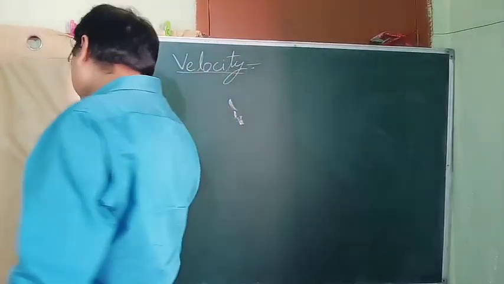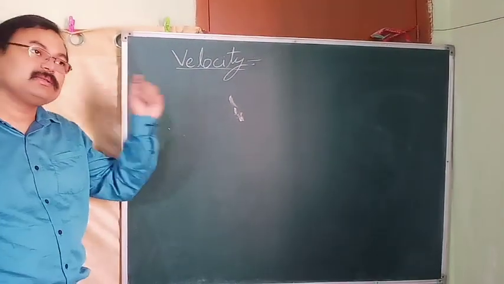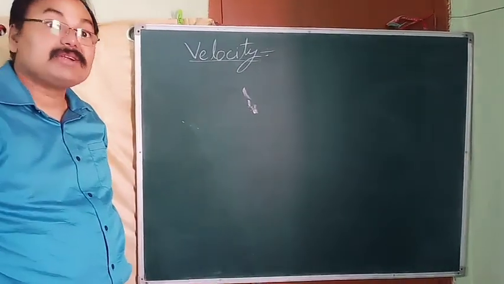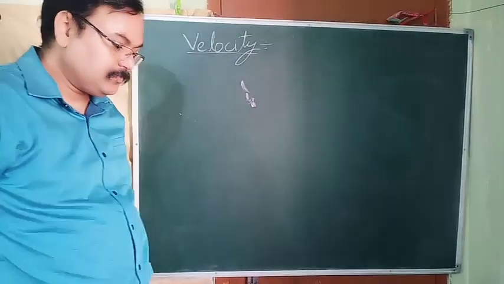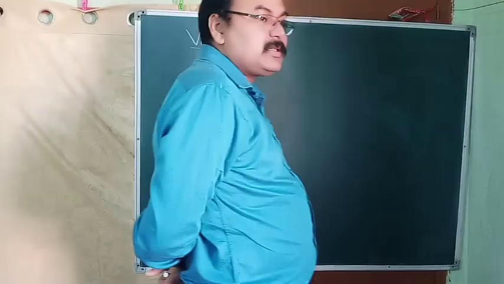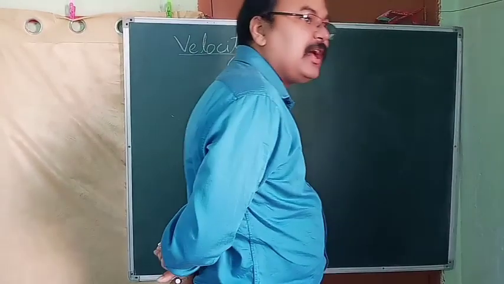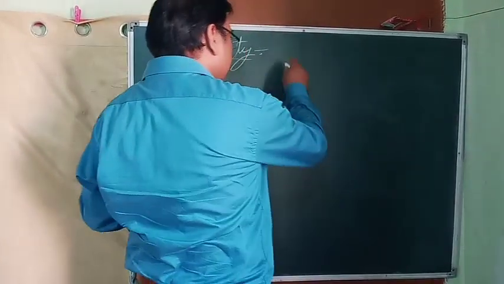Okay. So this is velocity. Now, what is velocity? Start writing first. Write the definition. Displacement covered per unit time is called velocity.